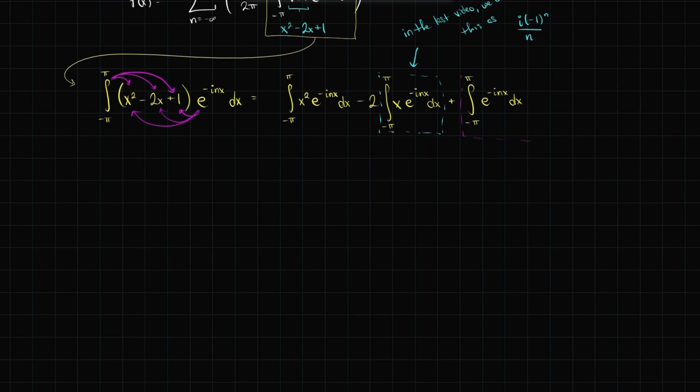This one's not too bad, the very final one, because there's no coefficients on the e. I can just take an antiderivative of e to the minus i n x, and that gives me 1 divided by negative i n, e to the negative i n x, evaluated at minus pi and pi. In other words, this is e to the minus i n pi minus e to the minus i n negative pi, divided by negative i n.